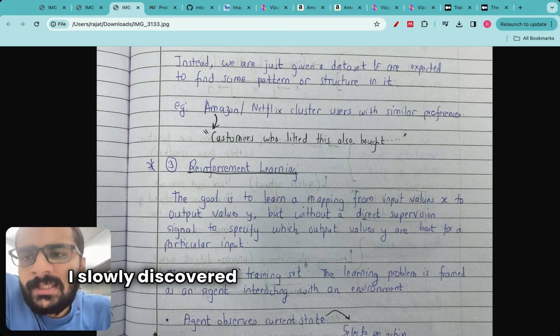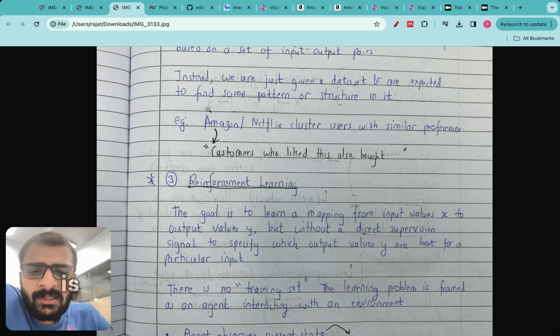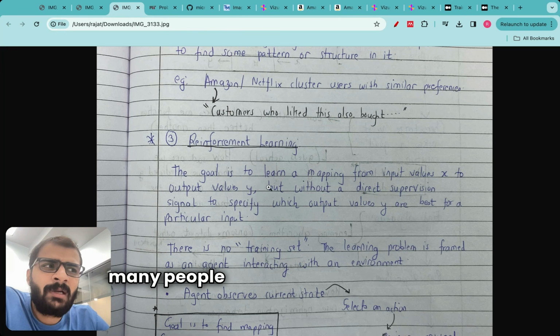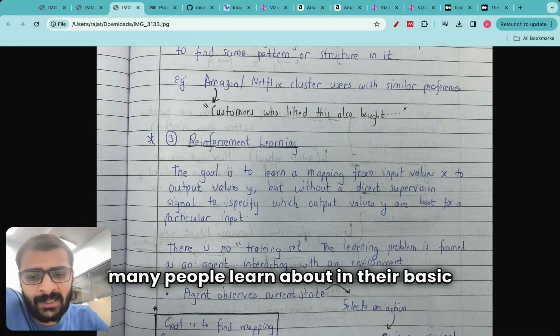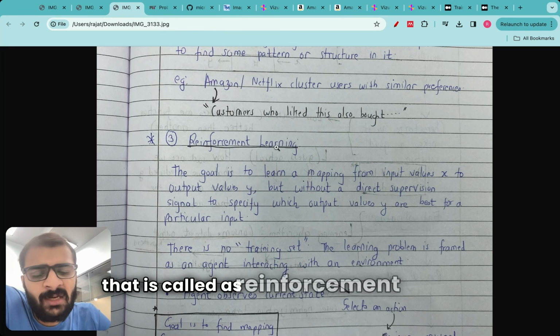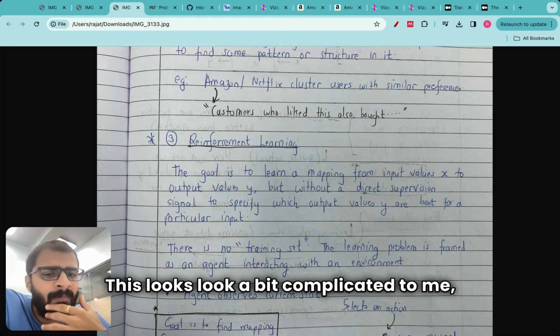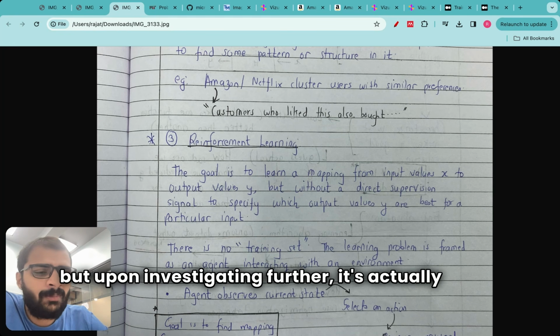I slowly discovered through this MIT course that there is a third type of ML models which not many people learn about in their basic introduction, and that is called reinforcement learning. This looked a bit complicated to me, but upon investigating further, it's actually pretty exciting.